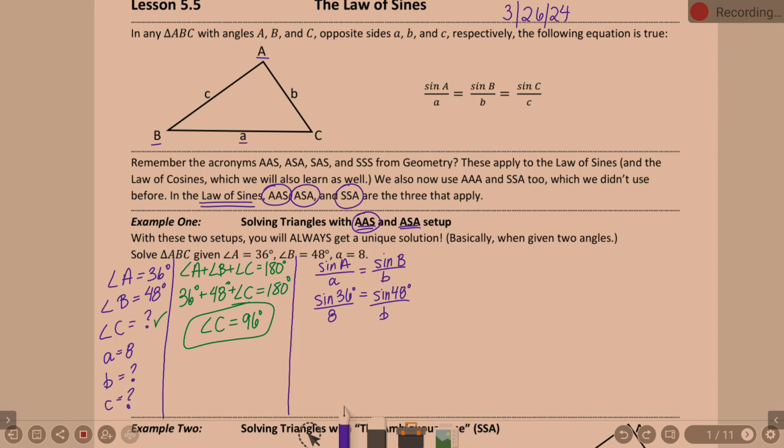If I go back to what you probably learned in middle school at one point, I have a fraction equal to a fraction, yes? What's my shortcut I can use when I have a fraction equal to a fraction? Cross products? Okay. It's also the same as just clearing your fractions out and multiplying both sides by 8 and b. But the shortcut we usually use is cross products, where diagonals, b times sine of 36 is going to be equal to 8 times sine of 48 degrees.